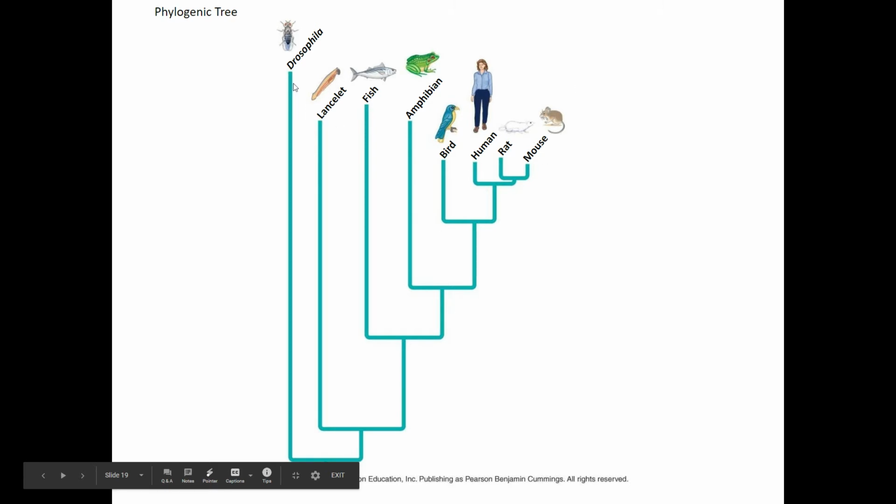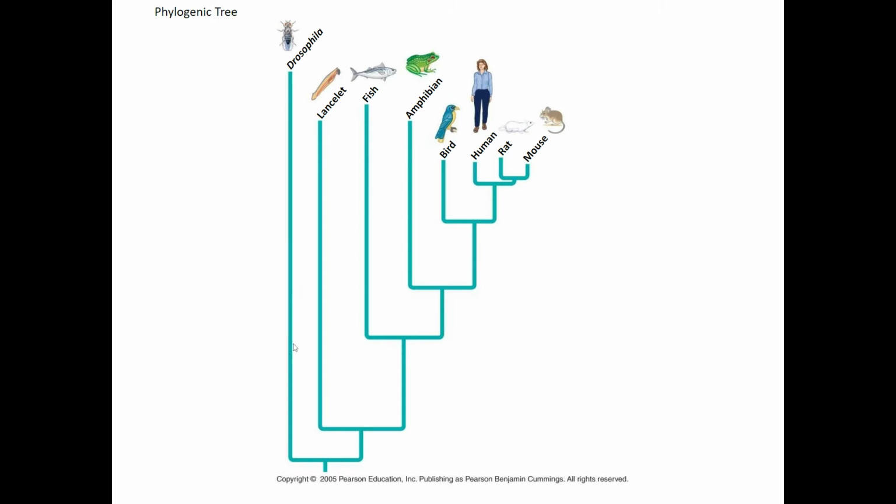The difference here is the longer the lines are, they show time as well. And so you can see that in order for Drosophila and humans to be related, you have to go way back, whereas you don't have to go nearly as far back to see where humans and rats and mice are related. But fish are related to mice, but you have to go back pretty far.